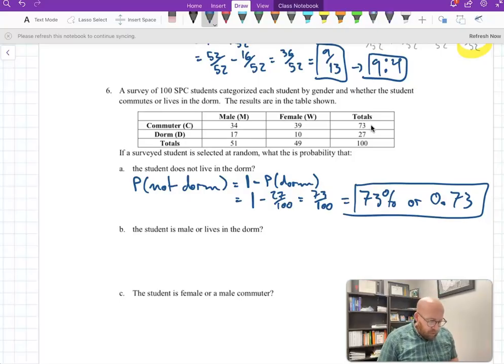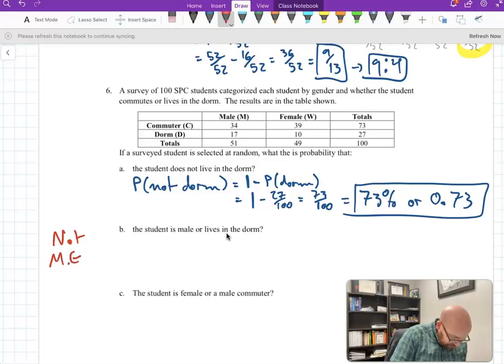Part B. What is the probability that the student is male or lives in the dorm? So the first question is, are these mutually exclusive? Meaning, can you separate these two events into two categories without any overlap? And the answer is no, these are not mutually exclusive.